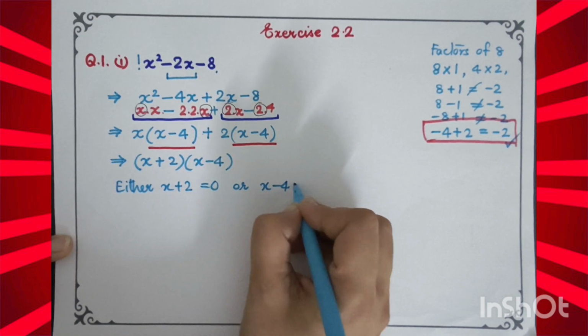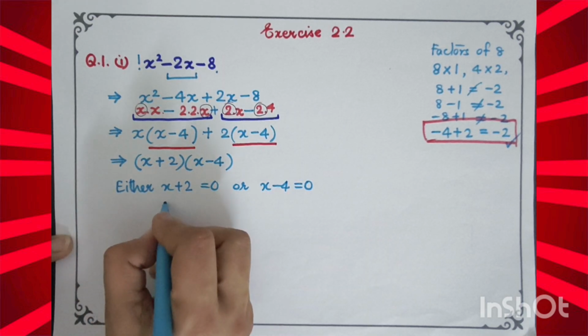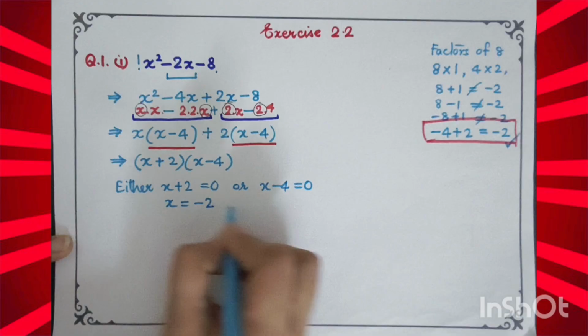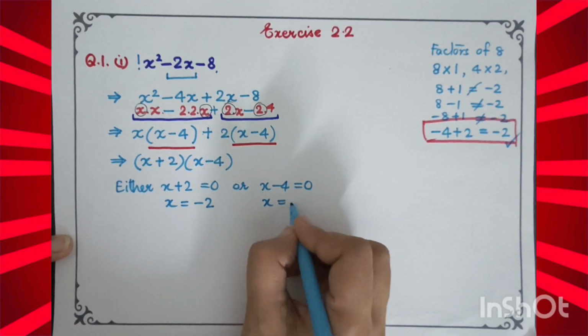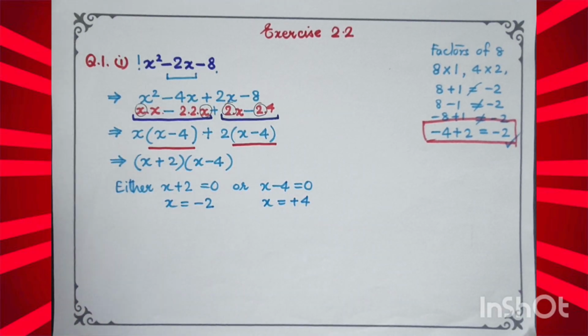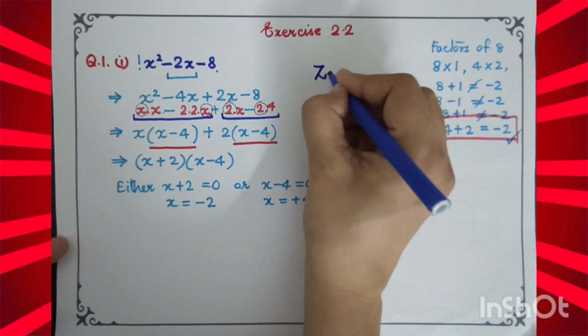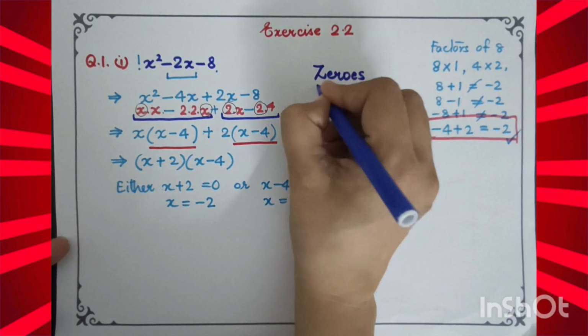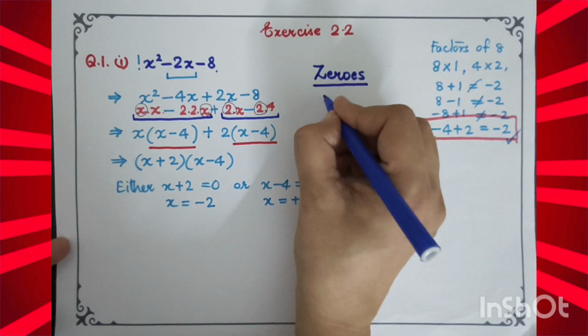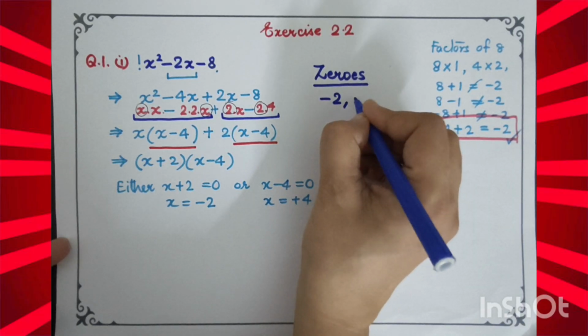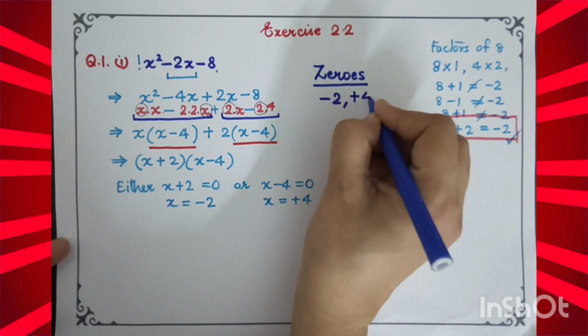Now to find the zeros, we have to use these factors. A quadratic polynomial has two zeros, so we get two values by equating both the factors to 0. So either x plus 2 equals 0 or x minus 4 equals 0.